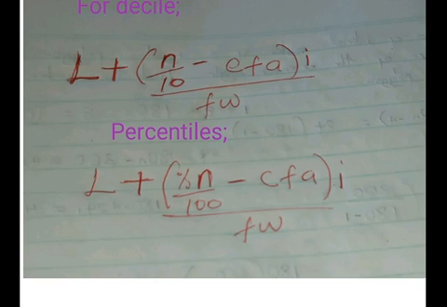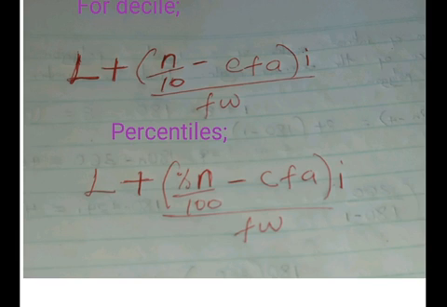Then what about decile and percentiles of grouped data? If we are calculating the decile and the percentiles of grouped data, we use a formula like the one we used in median and quartiles.